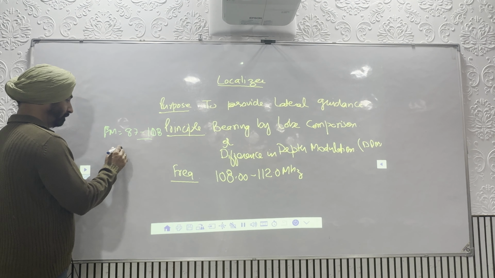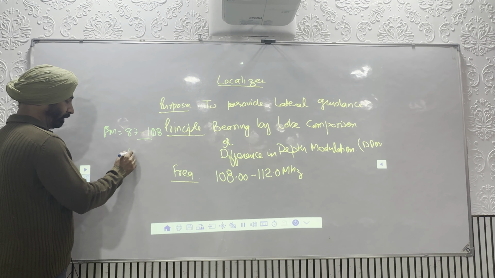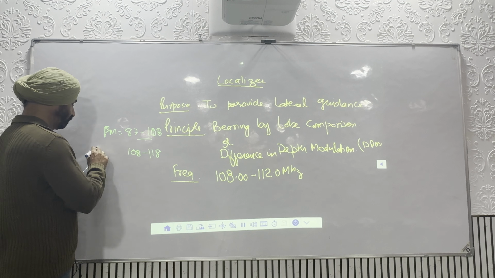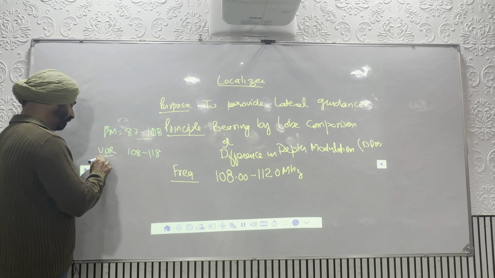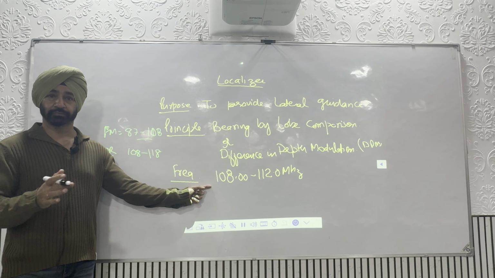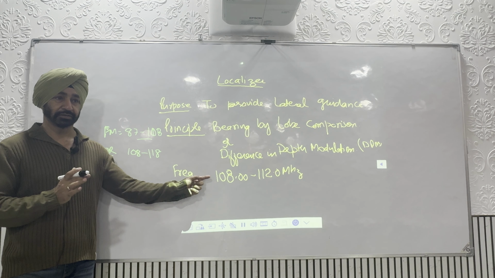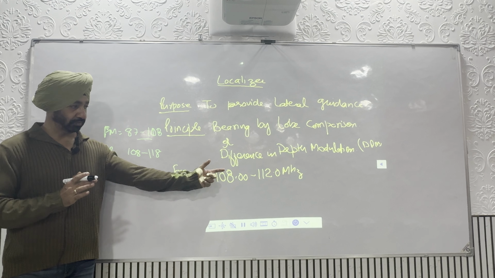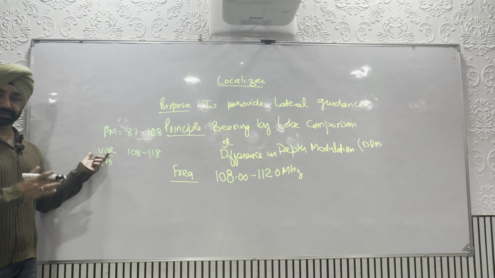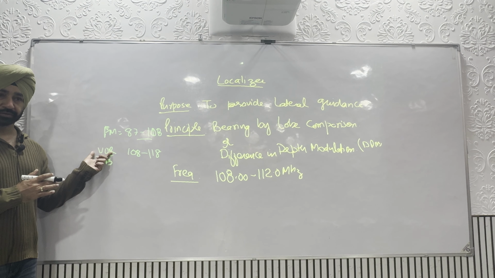Now from 108 to roughly 118 we use for equipment VOR, and part of that is for ILS also. Can you see this? The moment the FM radio wave finishes, it starts there and goes up to 112, and it is combined sharing. We will study equipment called VOR and ILS.